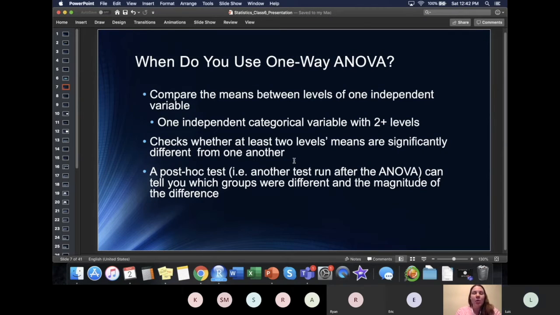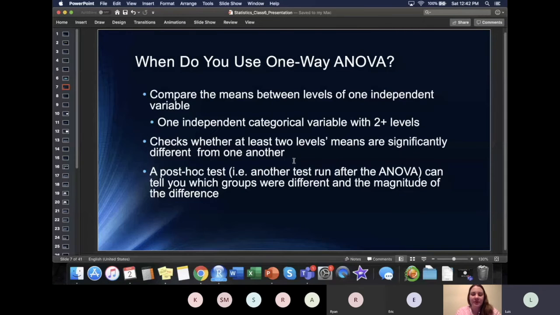And then say you get a significant result, so your p-value is below 0.05. We'll have an example of that when I go step by step. But that means that at least 2 levels of that categorical variable are significantly different from one another.